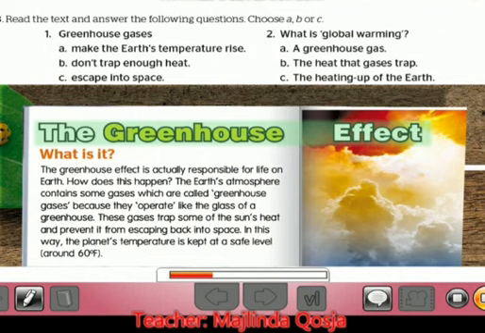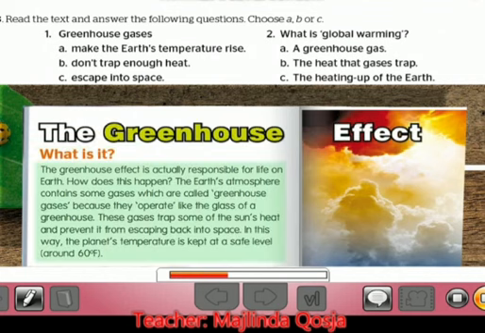The greenhouse effect. What is it? The greenhouse effect is actually responsible for life on Earth. How does this happen? The Earth's atmosphere contains some gases which are called greenhouse gases because they operate like the glass of a greenhouse. These gases trap some of the sun's heat and prevent it from escaping back into space.